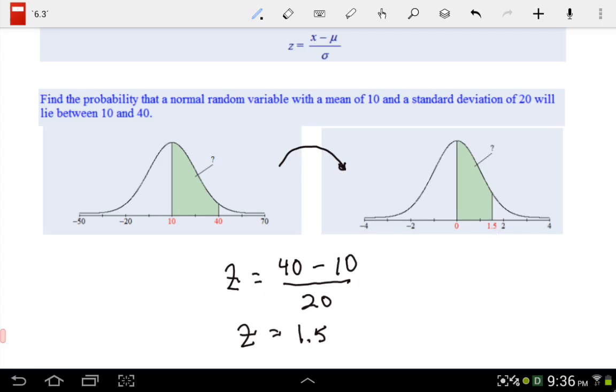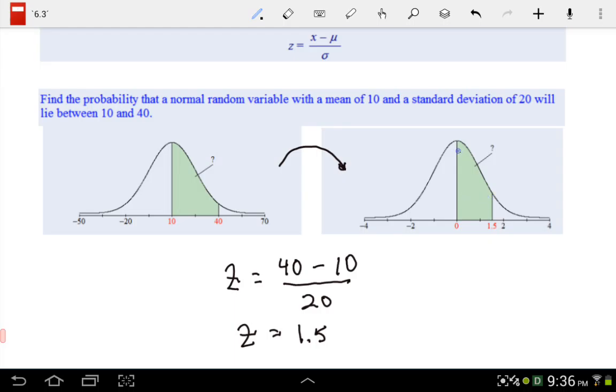This is not really anything new. I think we did this in lesson 6.1. So to find the probability that we have something that's going to lie between 10 and 40, this would be 10 and 40 on the normal distribution curve, but it would be 0 and 1.5 on the standard normal distribution curve.